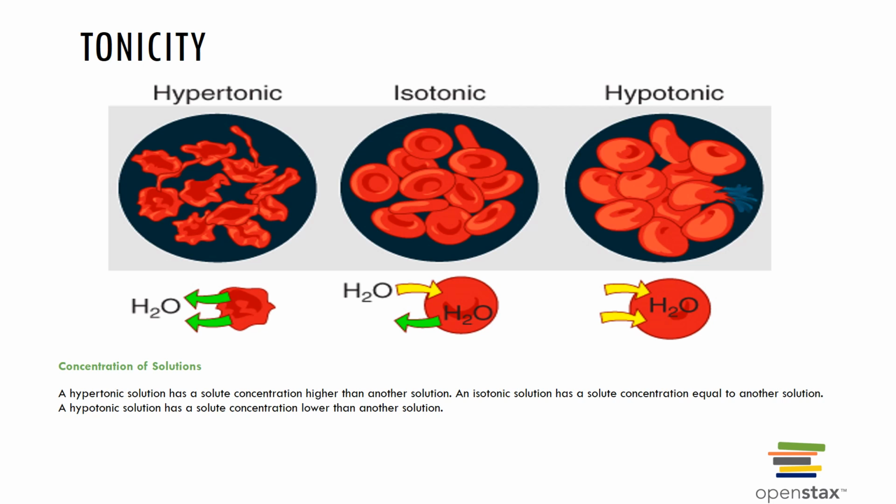So it has a higher solute concentration, which means it has a lower water concentration. Water moves out of the cell, making it shrink and die. This is called crenation. In a hypotonic solution, again the bathing solution, the solution has a lower solute concentration than that of the cytosol, so higher water, lower solute concentration, and water moves into the cell, making it swell and burst. This is known as hemolysis.